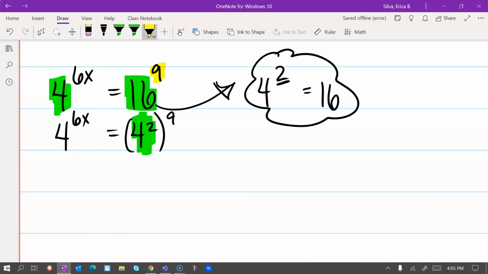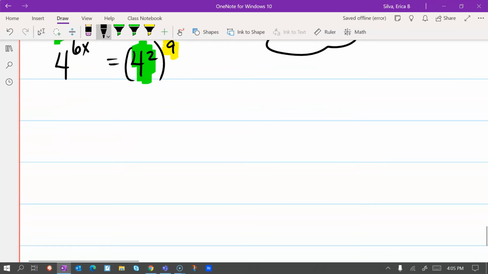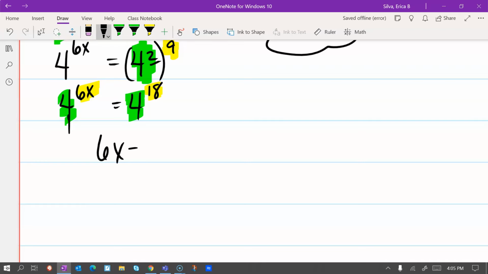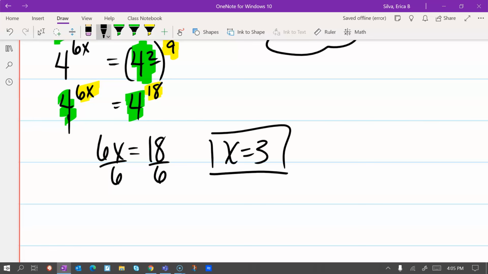Bring down that 9. We've got 2 times 9. Now we have our bases the same. We set our exponents equal to each other. And x is equal to 3.